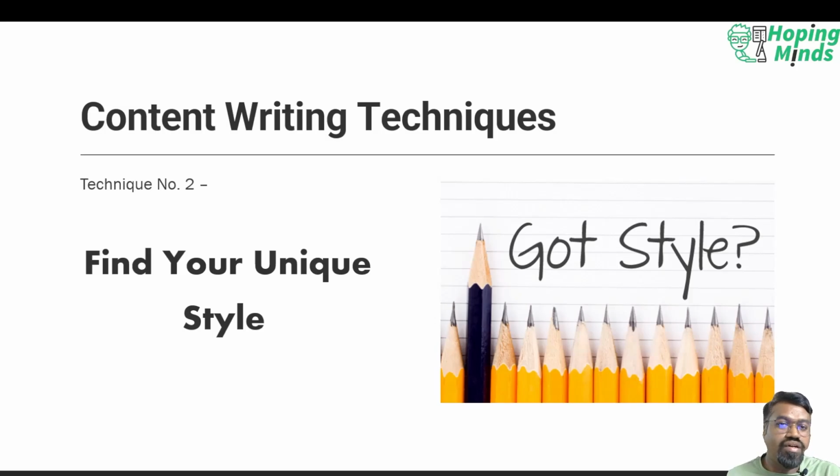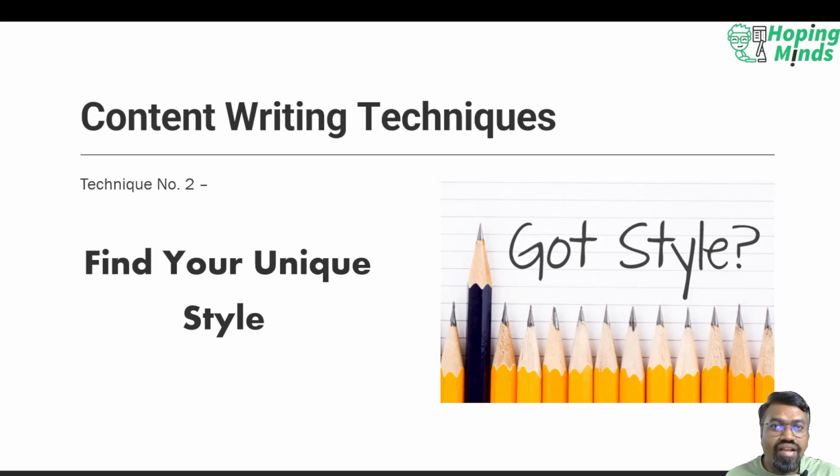There might be certain writers who are basically good at, let's say, travel blogs, anything. So basically, you need to have your own style, plus you need to have your own niche. You need to catch your niche, and then you need to develop your style.